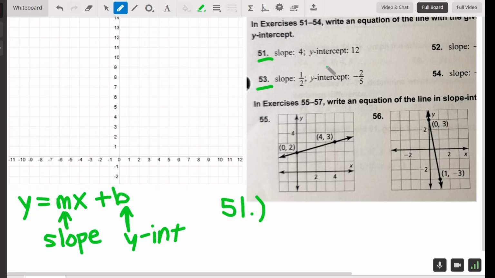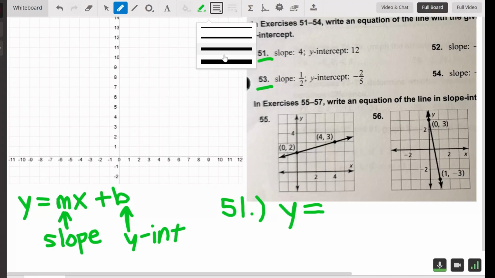Now, if we don't know how to fill this in straight up from the equation, we can at least start this. We can say y equals something, right? And then we have to fill in the right side. Well, the intercept is given as 12, which is where?